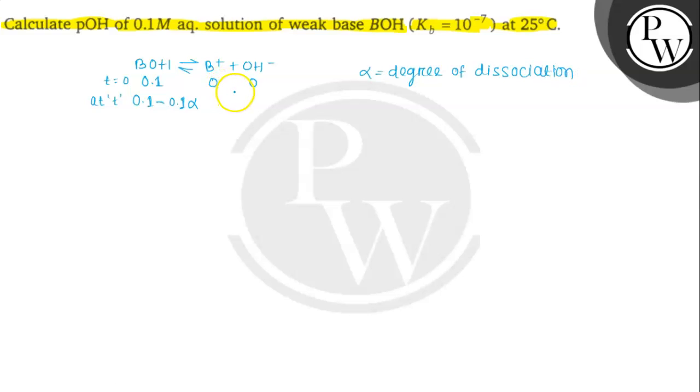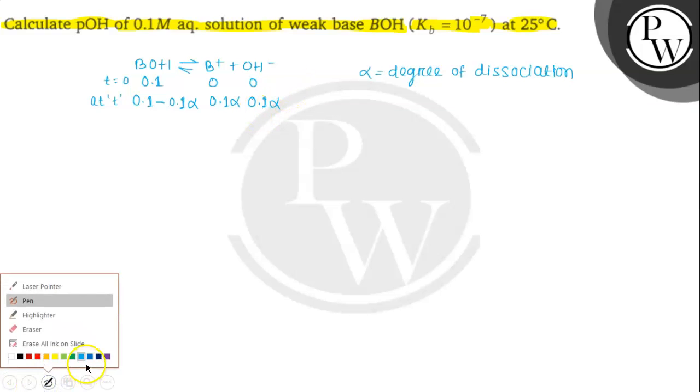So it can't completely dissociate. So 0.1 alpha, where alpha is the degree of dissociation, is the concentration of B plus, and OH minus will be 0.1 alpha.